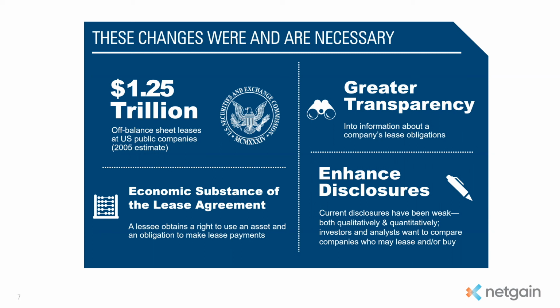So in that regard, it was good. It creates greater transparency, but it does shift into a very complex standard that requires a lot of effort to get stood up and transition to. Very different from the easy-going way of doing it in the past.